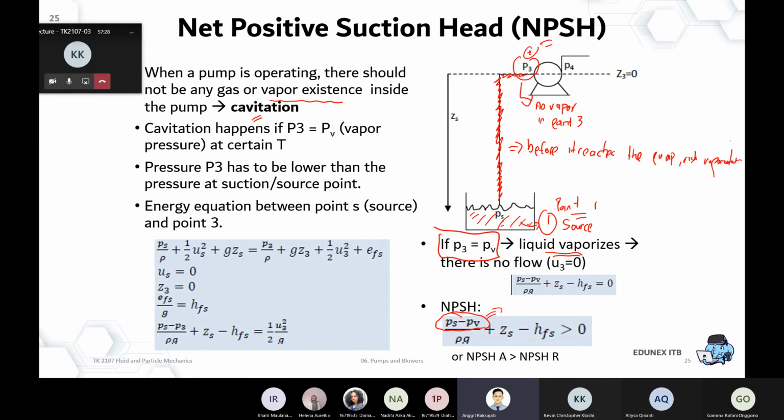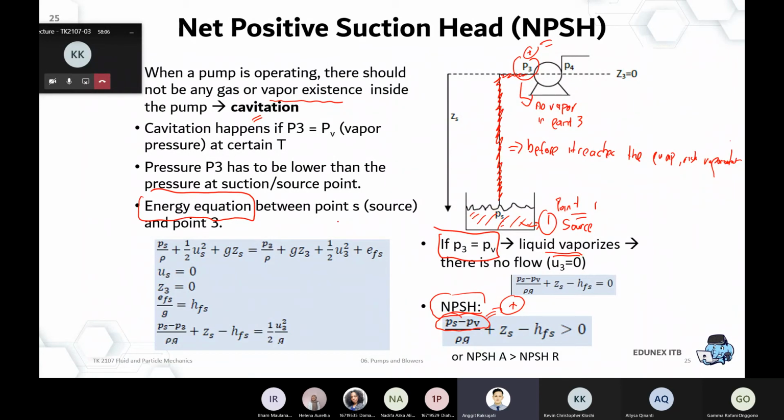So in simple terms, we can express this as NPSH, net positive suction head. If it's positive, if P suction is higher than PV, that means it's likely to be safe for the liquid to be completely received in the pump as a liquid. There will be no vaporization. Again, just use the energy equation, but not between the source and the destination.